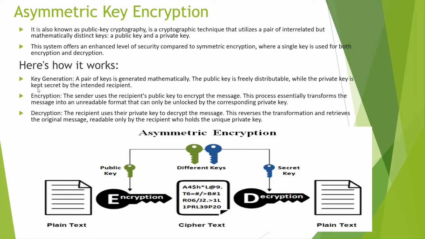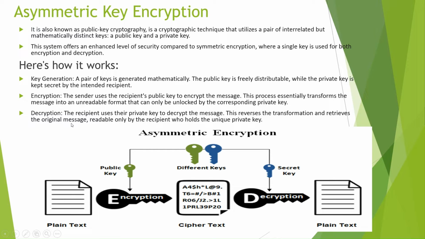The person who decrypts the data, that key will always belong to him or her. After that, encryption. Here we have to remember that we do encryption with the public key only. Everyone has the public key and can do the encryption, but whoever has the private key can do the decryption. The public key is used to encrypt the message, transforming it into an unreadable format, so no one can unlock it until they have the private key.